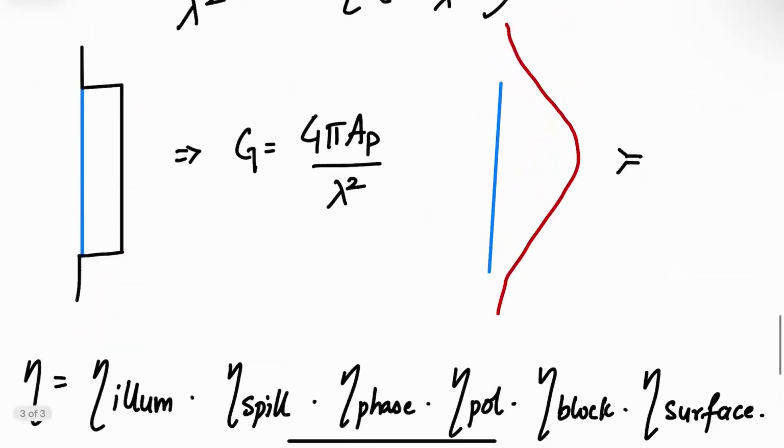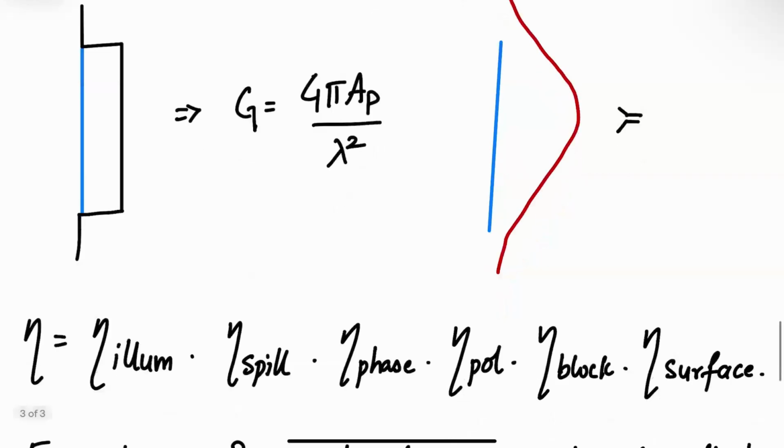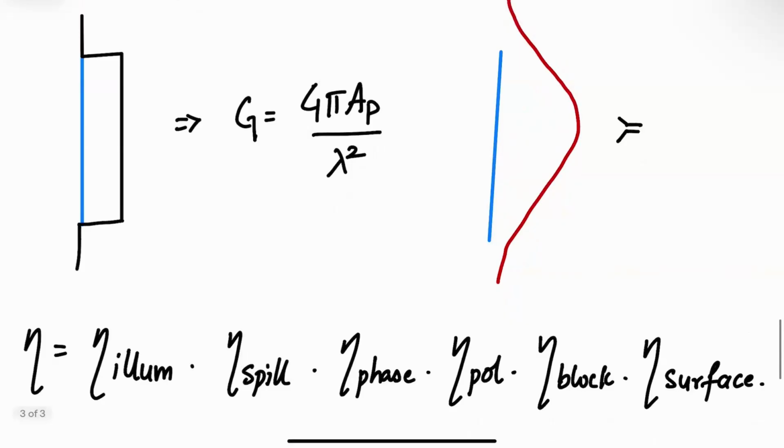Okay. But when you don't have that, let's say you have some power here and the power here is a bit lower, then the illumination efficiency is less than 1. Okay. But of course, you can never make a horn antenna that has radiation such that this point and this point receive the same illumination as this point, and it goes to 0 just beyond that, right?